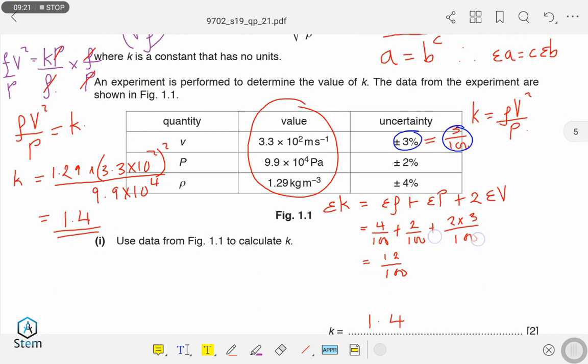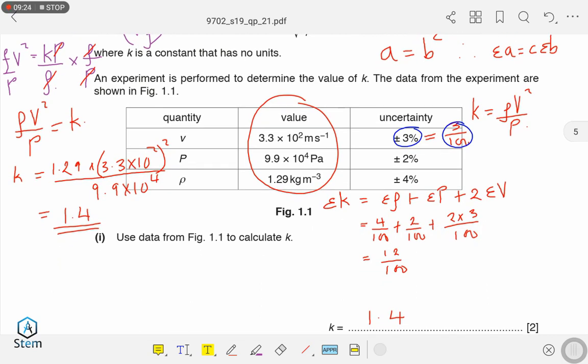Now I would like you to know that fractional uncertainty is equal to absolute uncertainty divided by the calculated value or the actual value.